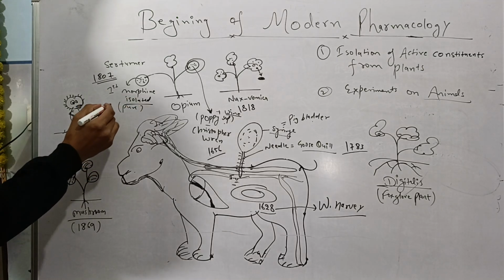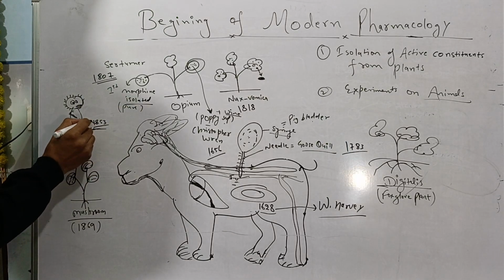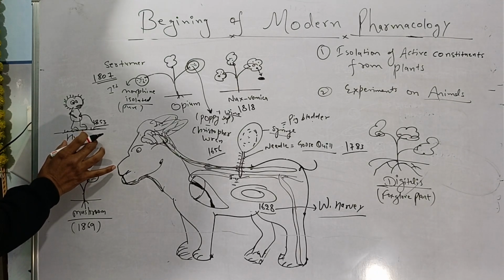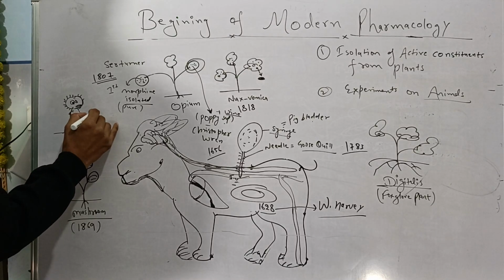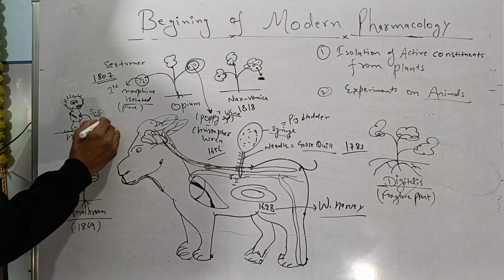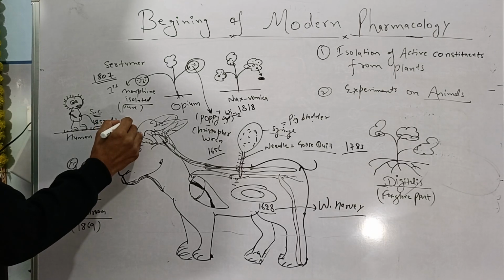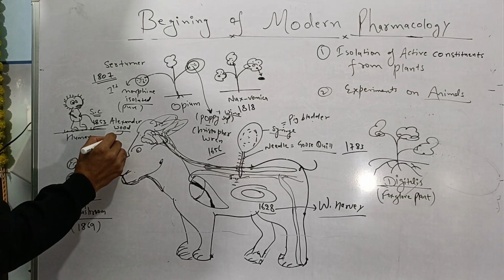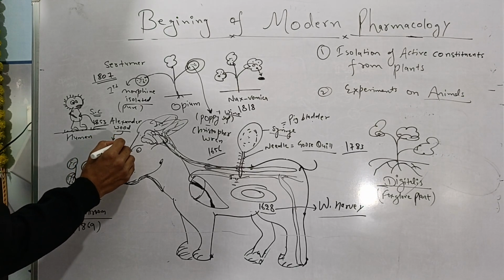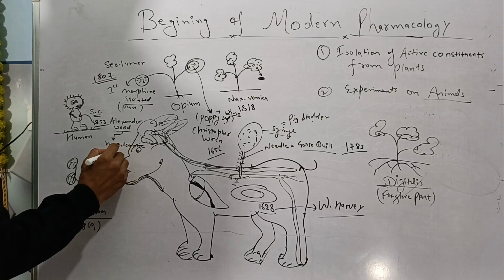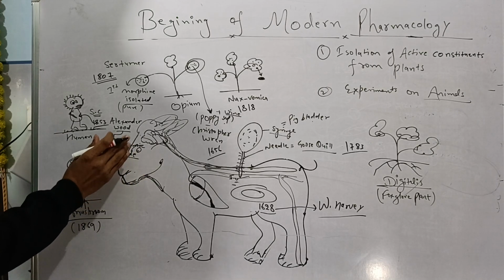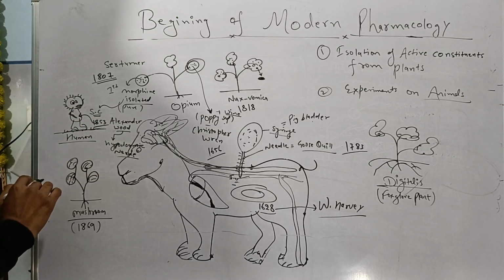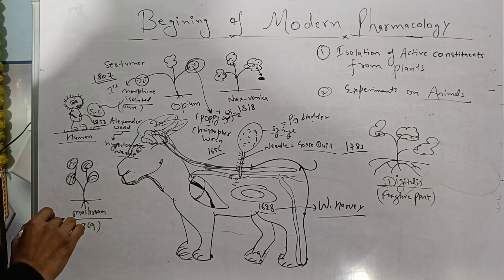This morphine was then injected into a human patient suffering with pain, as a subcutaneous injection. In 1853, Alexander Wood developed the hypodermic needle, and he injected this pure form of morphine into one human patient subcutaneously.